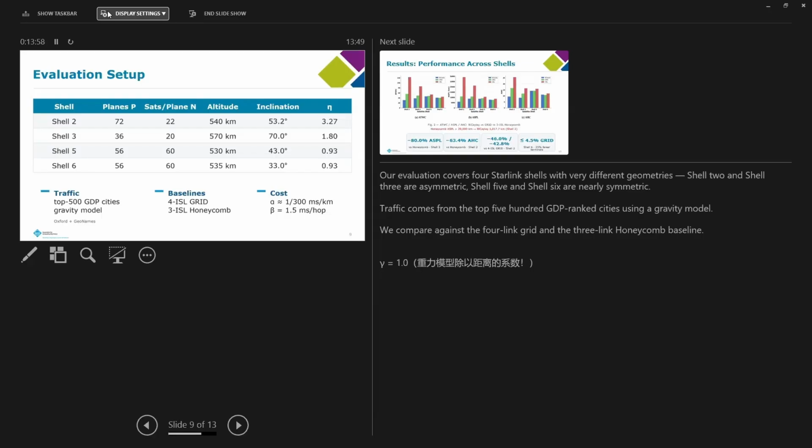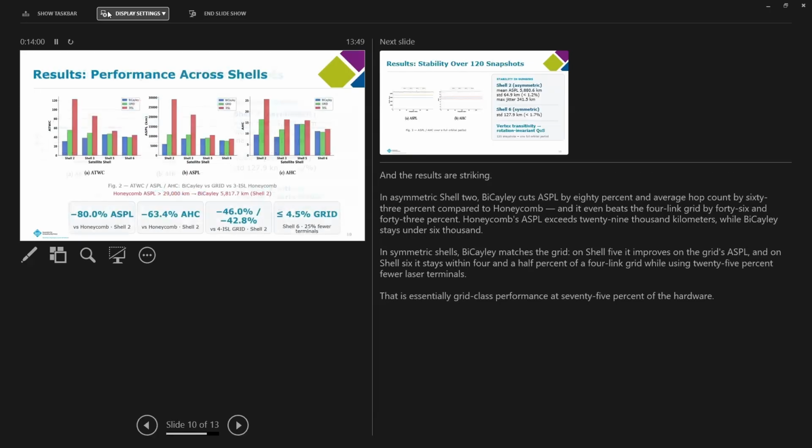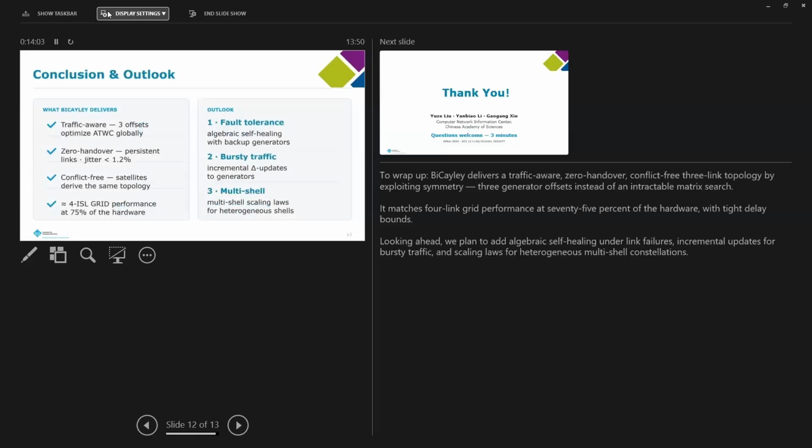Okay. Thank you for your question, and I listed this problem here. In this work, we haven't considered the fault tolerance design, but in our future work, we will complete this.